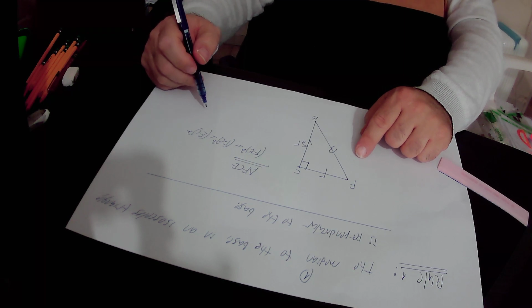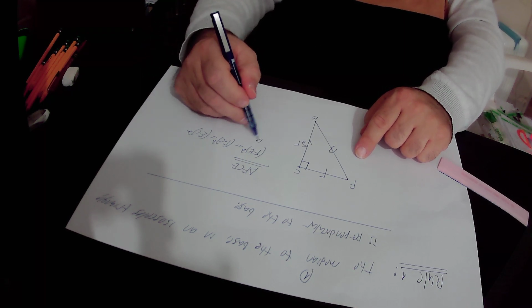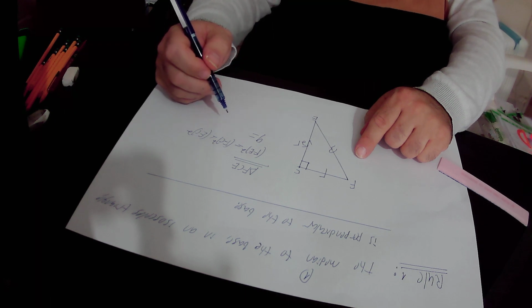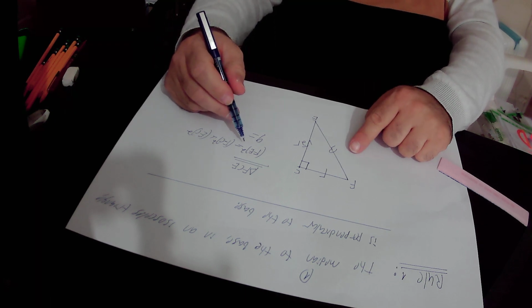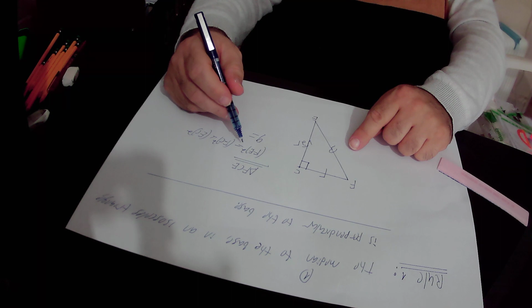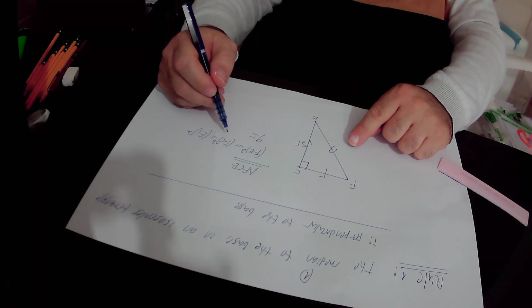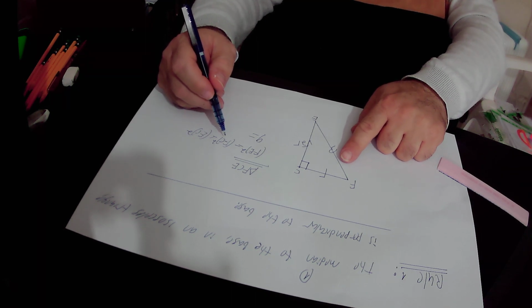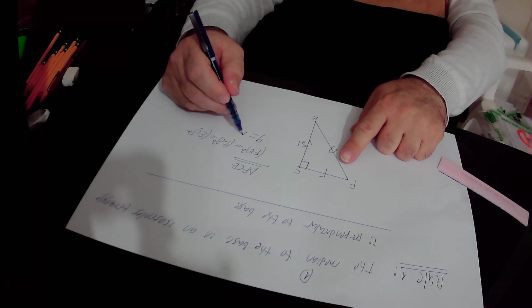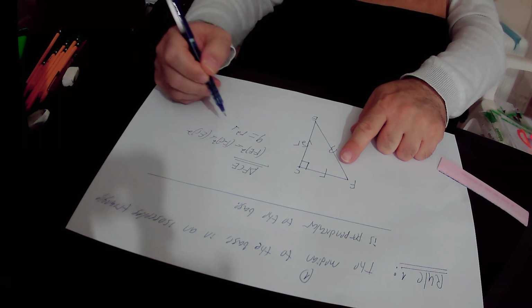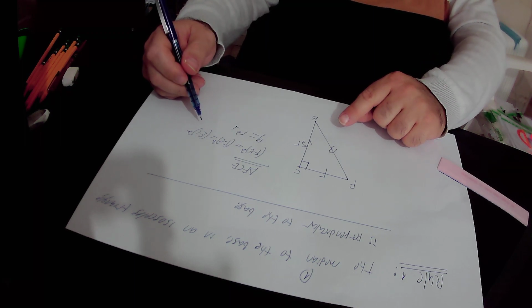FE is 3, so FE squared is 3 squared, that is 9. FC is R, so FC squared is R squared, plus EC squared.